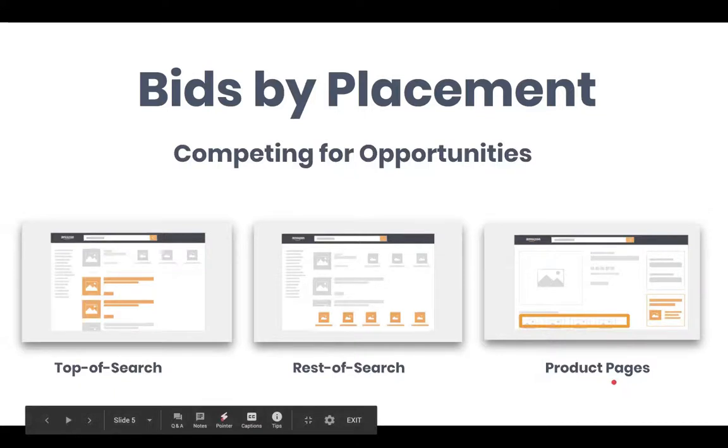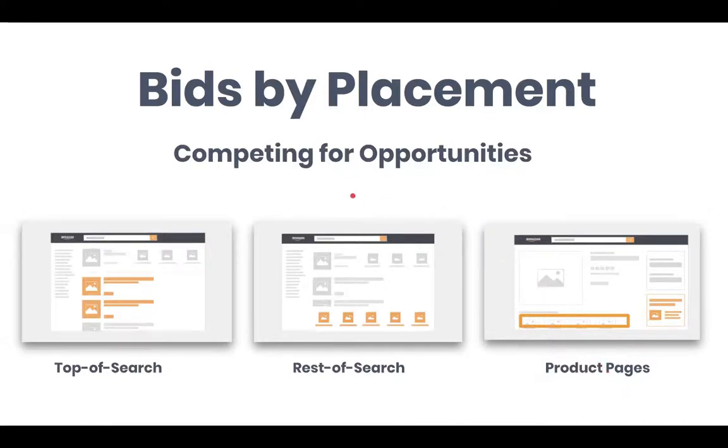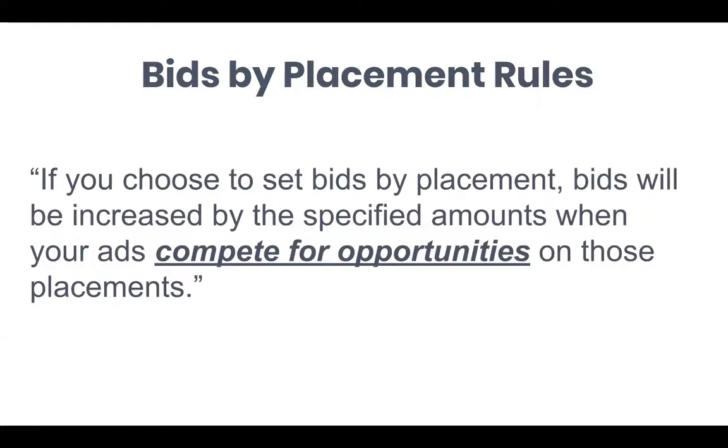Now, like I said, this particular bid by placement is for when there is a competition between your product and other products. So just to define the rules for bids by placement, in Amazon's own words, if you choose to set bids by placement, then bids will be increased by the specific amount when your ads compete for opportunities on those placements.